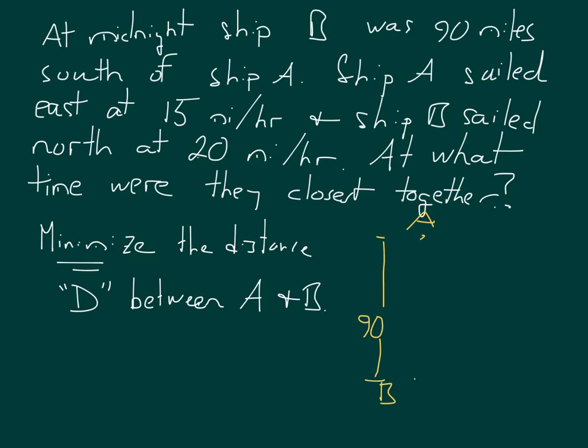Okay? Then what happened? Well, ship A sailed east at 15 miles an hour, and ship B sailed north at 20 miles an hour. Okay, so let's draw that. So here's ship A traveling east at 15 miles an hour. It's traveling in that direction there. And ship B is traveling north, so in this direction here, at 20 miles an hour.